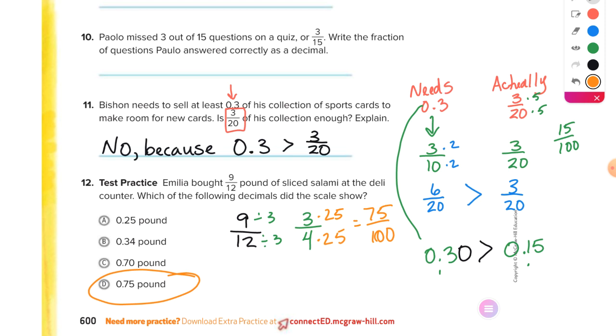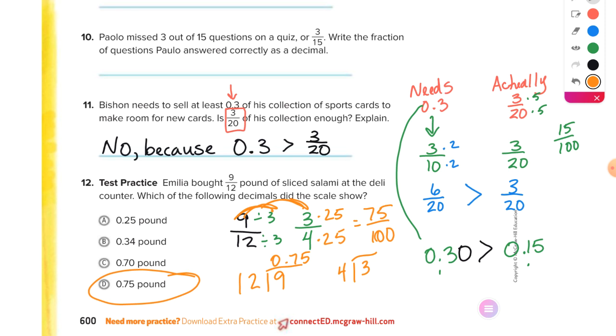If I took 9 divided by 12 and did the long division, I would get 0.75. If I took 3 divided by 4, guess what I would get? 0.75, because if the fractions are equivalent, when I divide it out, you would get the same decimal answer.